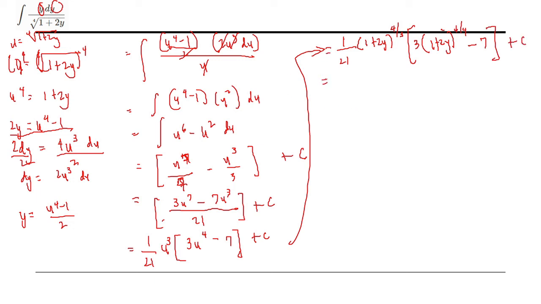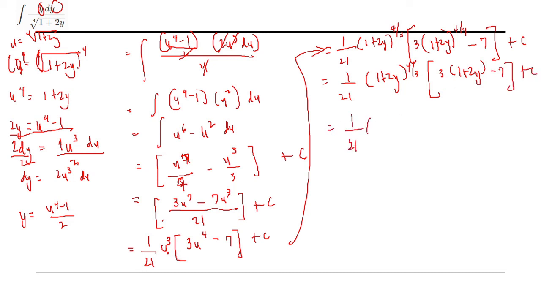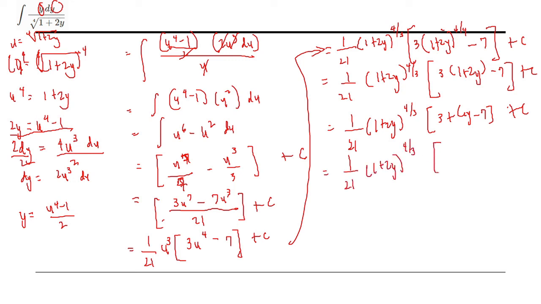So we have our final answer as 1 over 21 times 1 plus 2y to the power of 4 thirds times 3 times 1 plus 2y minus 7 plus c, or that's 1 over 21 times 1 plus 2y to the power of 4 thirds times 3 plus 6y minus 7 plus c, or that's 1 over 21 times 1 plus 2y to the power of 4 thirds times 6y minus 7 plus 3, 4 plus c.